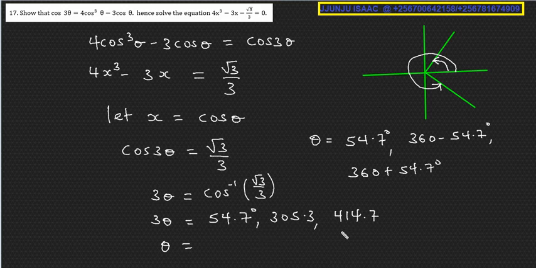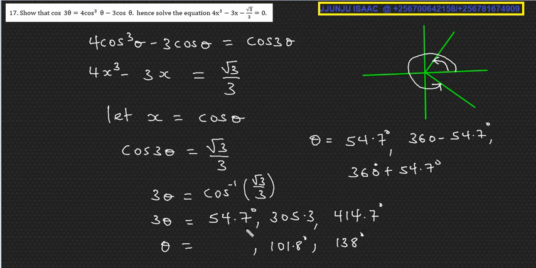This gives us 138. Then 305.3 divided by 3, we get 101.8 degrees. These are degrees.